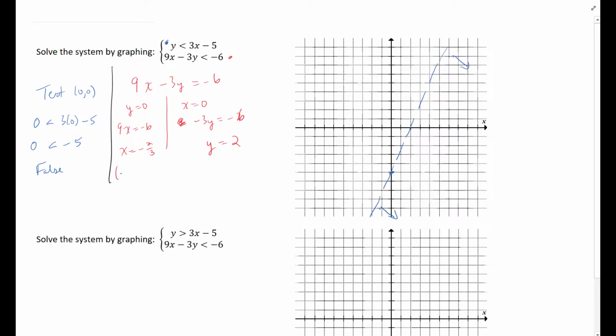So my x-intercept is negative 2/3, 0, and my y-intercept is 0, 2. So plotting those 2 points, negative 2/3 comma 0 is about here, and 0, 2 is there, and again using a dotted line through those points.